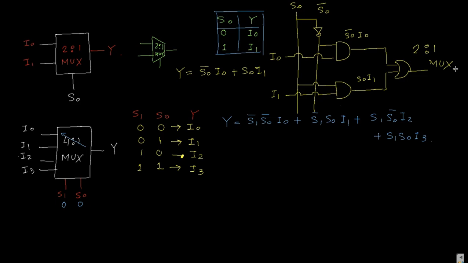Now we can implement the full adder circuit by this mux. So what should we do now? Again we can write the truth table for the full adder circuit.